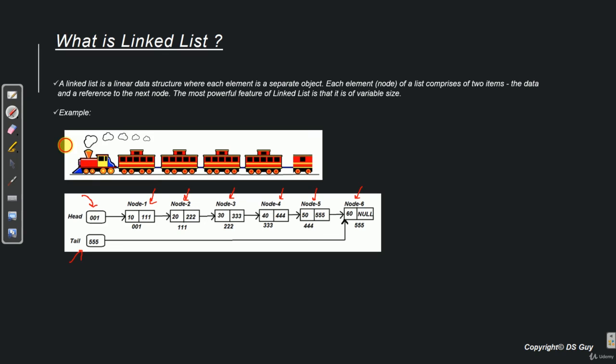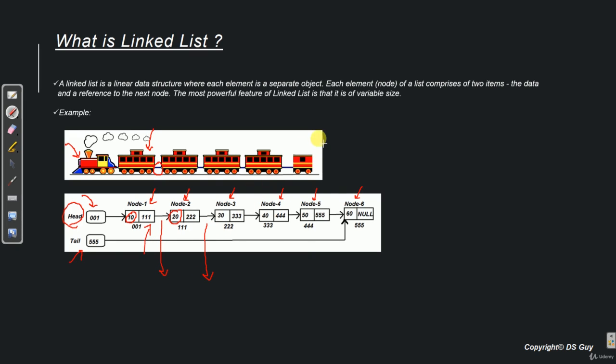If we compare this list with the train example, there is a striking resemblance between them. Here we had an engine which drives the entire train. Here we have a head which drives the entire linked list. Here we had compartments which had data or passengers and a coupler which joined two compartments. Similarly, here we have nodes which have values. In this case we have 10, in this case we have 20, and we also have a coupler which joins two nodes together.